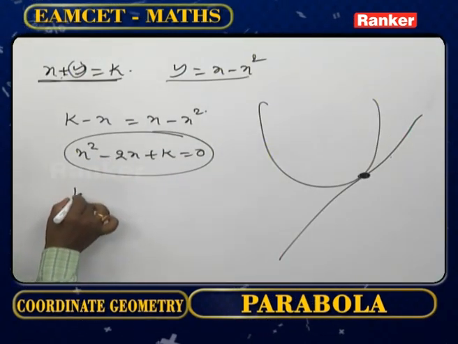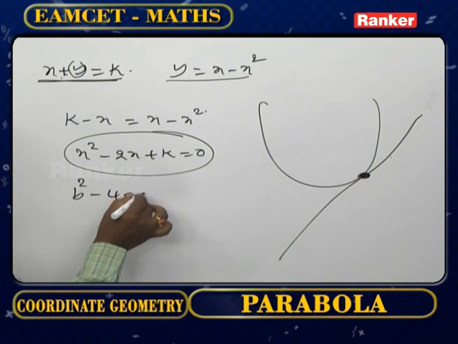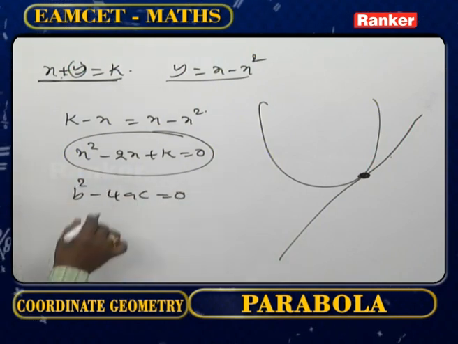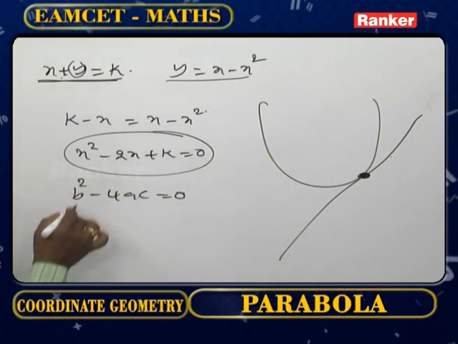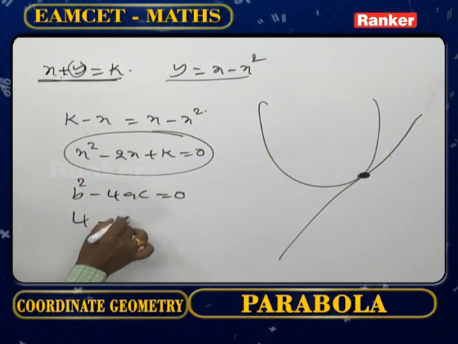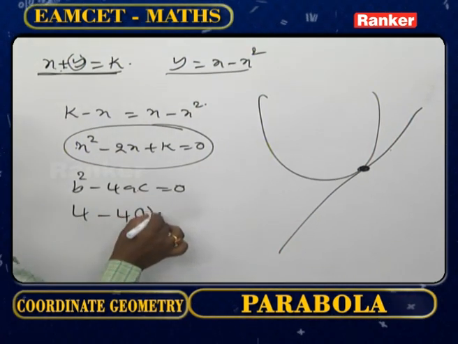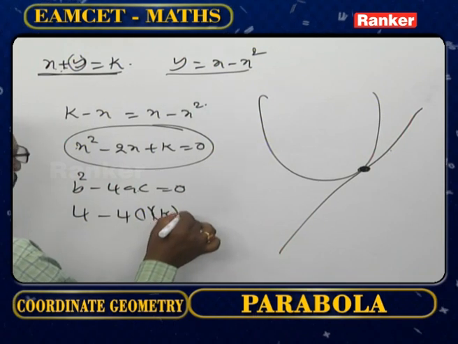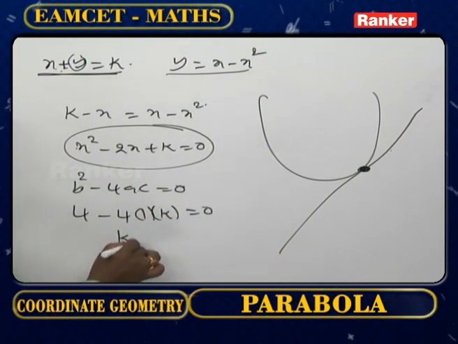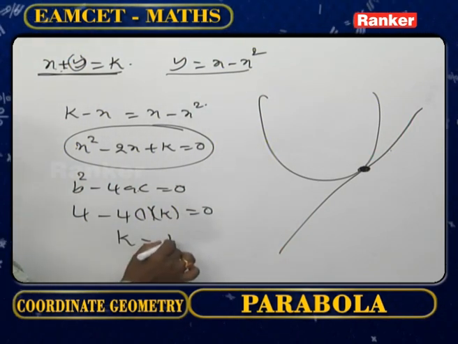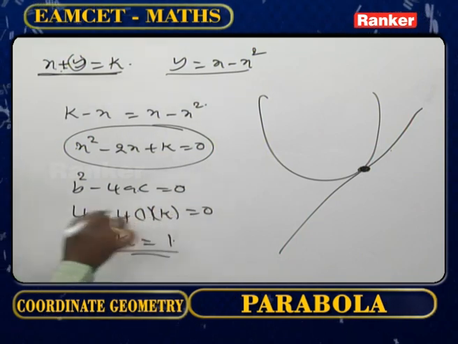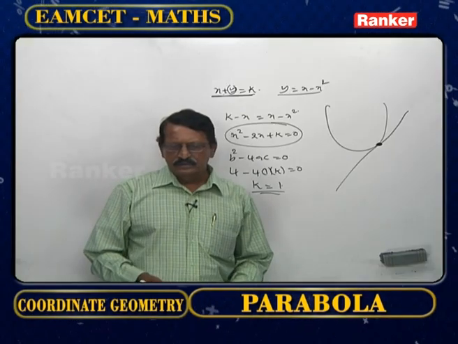Now, b square minus 4ac equals 0. B square is 4, minus 4 into 1 into k equals 0. Now, 4k equals 4, so k equals 1. Third option.